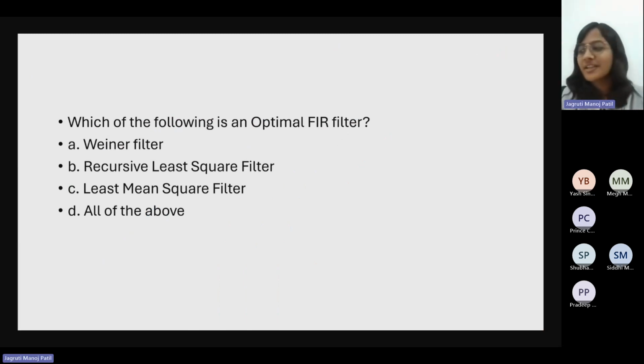Okay. Which of the following is an optimal FIR filter? Wiener filter, A, B, C, D. Wiener filter. Okay, so can you tell why so? We didn't see recursive least square, but we saw least mean square filter. What was the difference between both of them, and what made least mean square filter the same as Wiener filter? Someone else can also answer. That's fine.